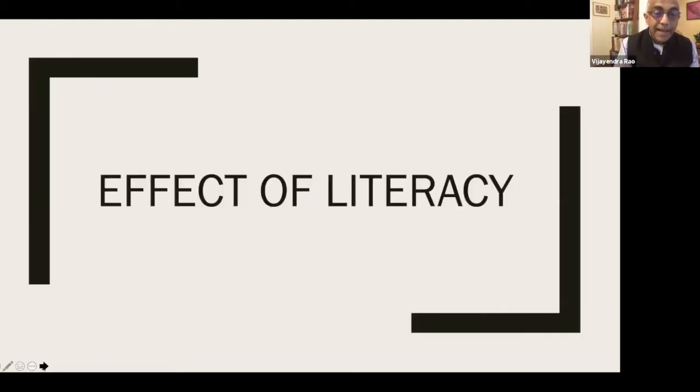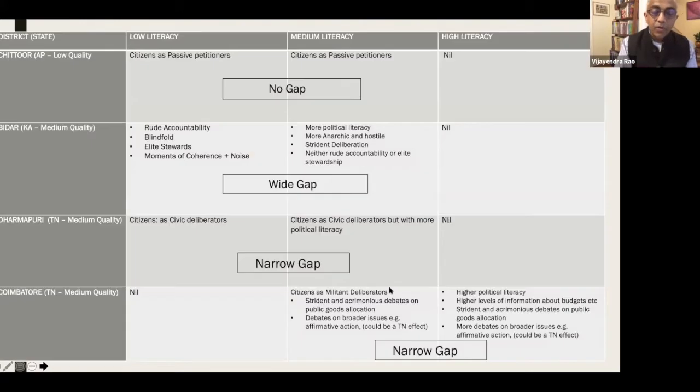Now, what is the effect of literacy? What we did is, within the same district, not a cross-district comparison, we're comparing low literacy and high literacy villages. And in Andhra Pradesh, interestingly, low literacy and medium literacy villages have absolutely no difference. They don't show any difference at all. The difference comes in Bidar, in this medium capacity state, where there's a huge difference between low literacy and high literacy villages.